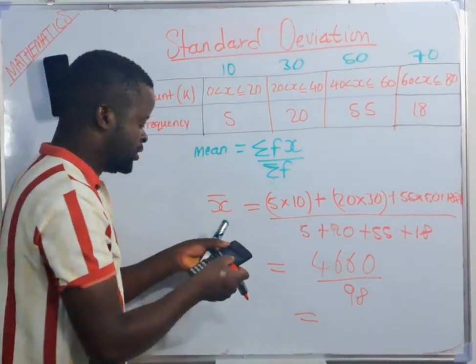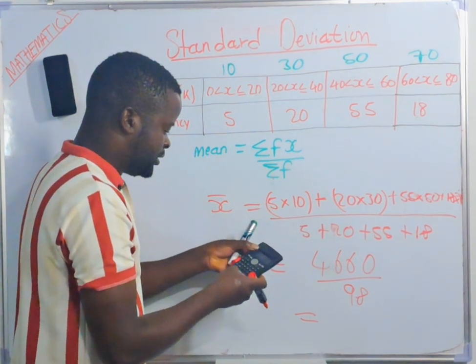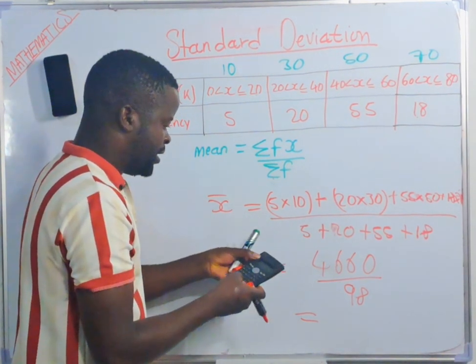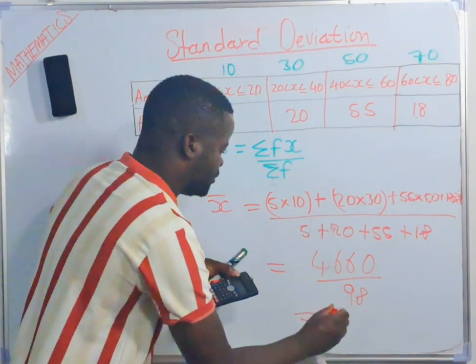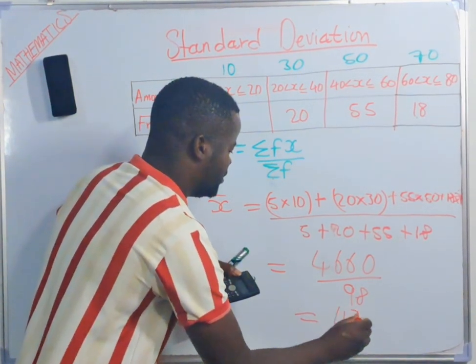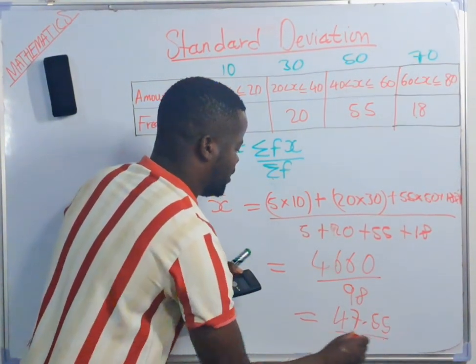Okay, let's proceed. So this is 98. Then we can say 4660 divided by 98. So we are getting 47.55. So this is our mean.